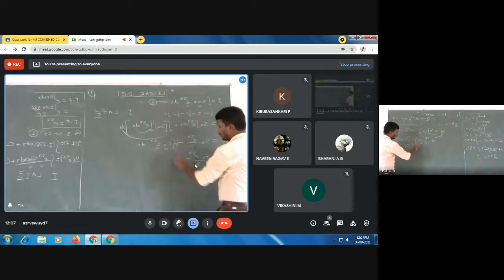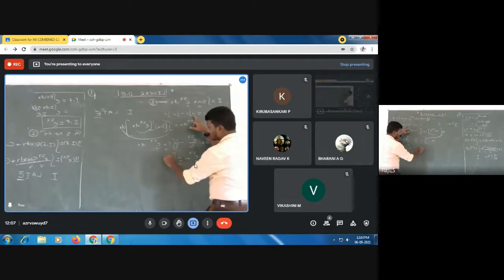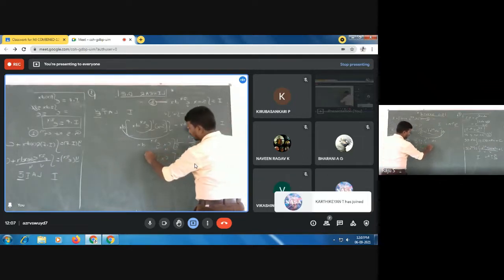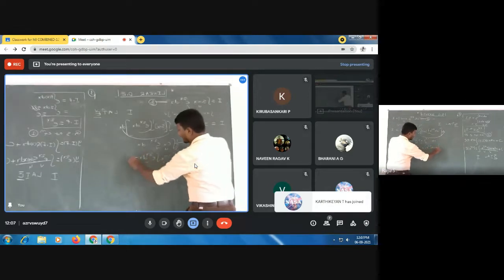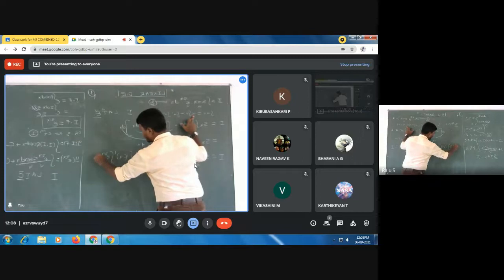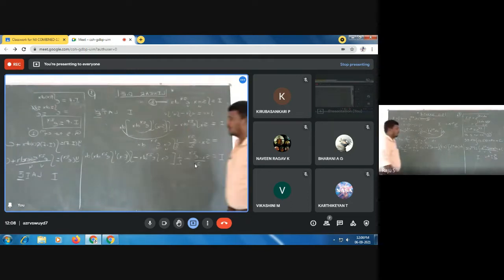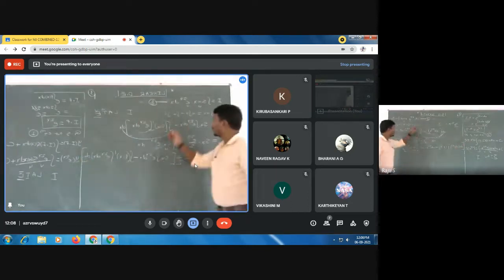So UV rule, bracket. What is the formula? U means cos x, integral e to the power of 2x dx, minus integral cos x derivative, integral e power 2x into dx. Again apply the UV rule.